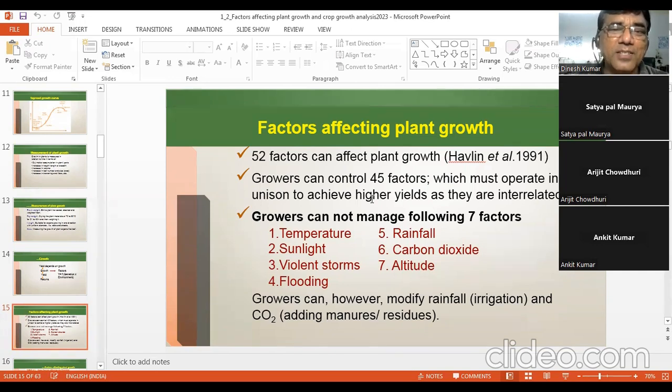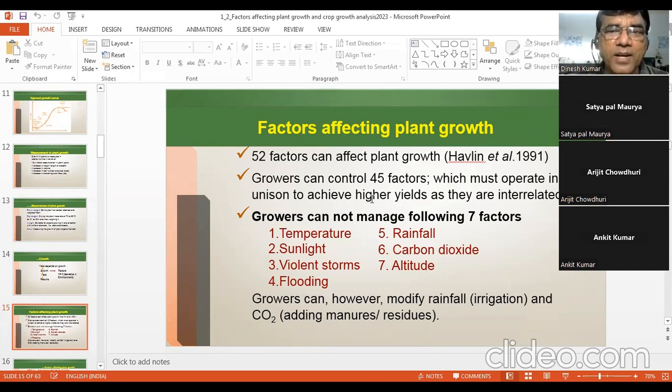Then these two factors will govern the growth of the plant. They will limit the growth of the plant. So therefore, they must work in unison. It means the best combination of all factors has to be there, ideally. Of course, under practical conditions, it may not be possible. So all these factors should work in unison if you want good growth or higher yields.